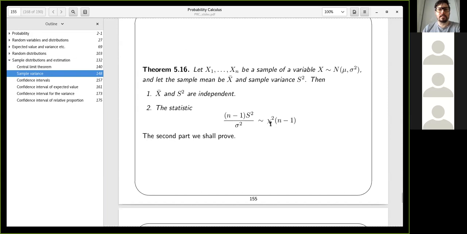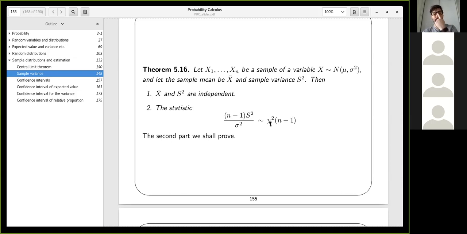As it happens, if we have a sample of the variable N(mu, sigma squared), and the sample mean is x bar, and the sample variance is calculated as s squared, then two things happen. S squared and x bar are independent. They're random variables and they are independent. This is highly important.